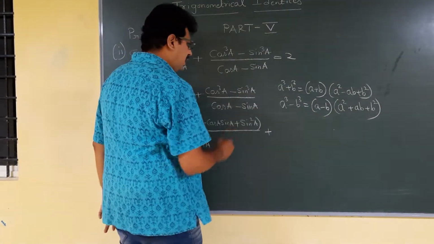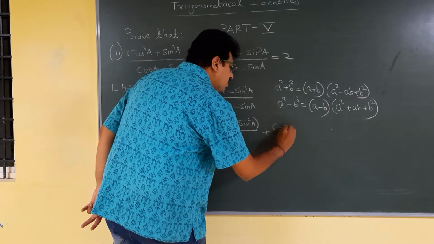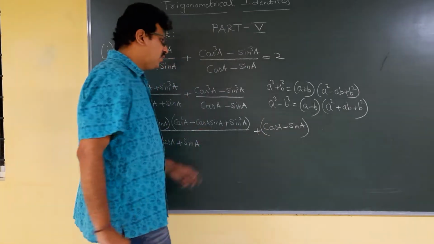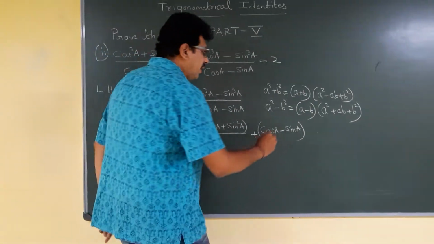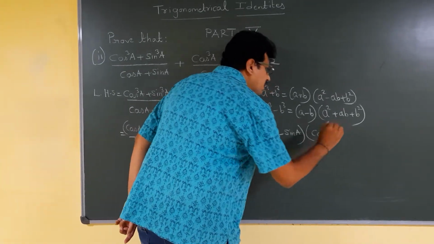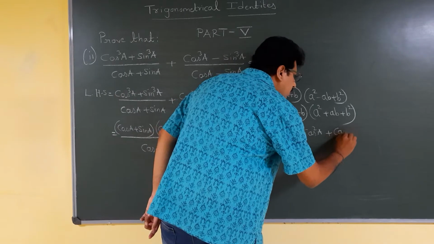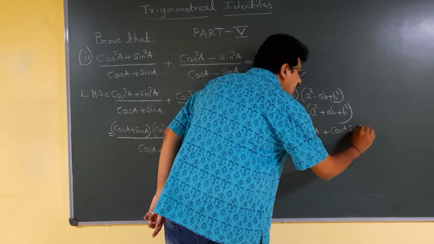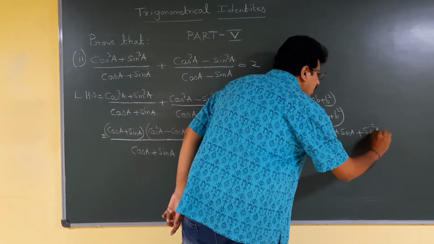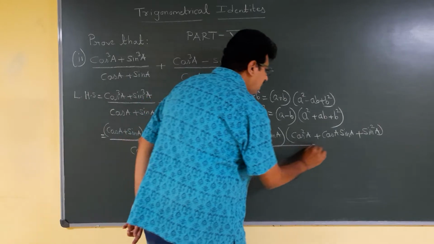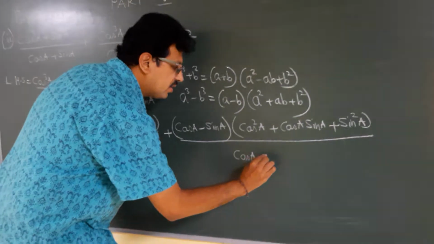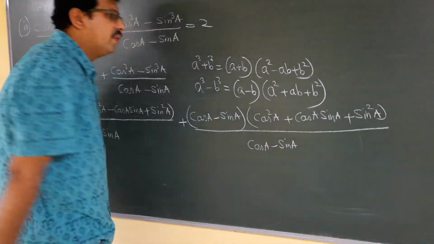So it is a minus b. a minus b means it is cos A minus sin A. That is actually a minus b. a square means it is cos square A, plus ab. ab means cos A into sin A, plus b square. b square means sin square A. So the whole divided by cos A minus sin A.